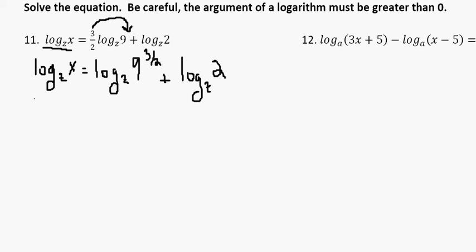Okay. Now at this point, you can either continue condensing your logarithms, or you can evaluate 9 to the 3/2. So I have log base z of x equals log base z, and then 9 to the 3/2.